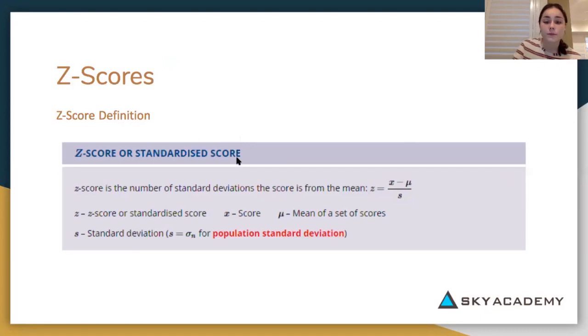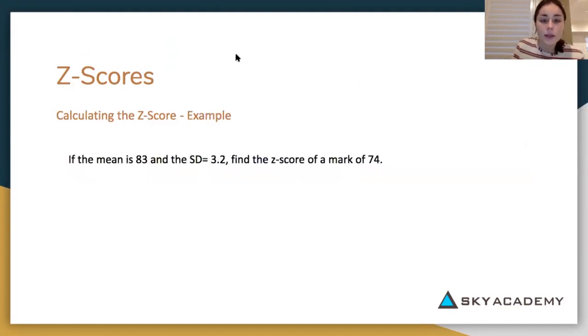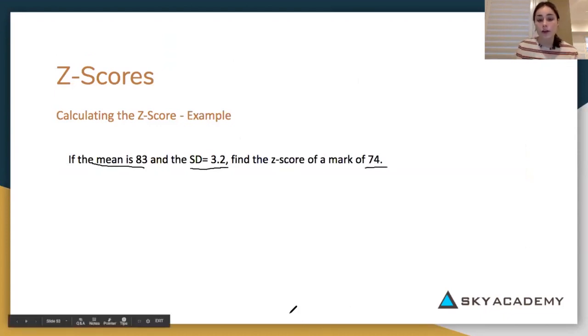If we have a look at the next question. Here we are. If the mean is 83, we need to remember that, and the standard deviation S is 3.2, find the Z-score of a mark of 74. The first thing to do is to write out your formula.